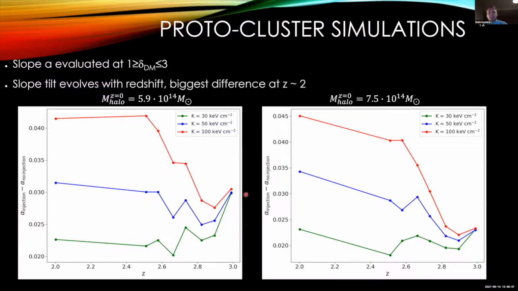And you see that there's some evolution. The most striking thing is that basically at the lower redshifts, you have the bigger difference. So it's really something that evolves towards lower redshifts, and also for the different masses of the clusters.